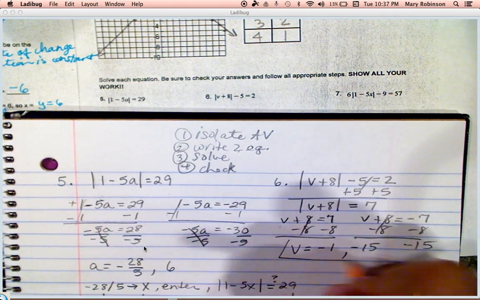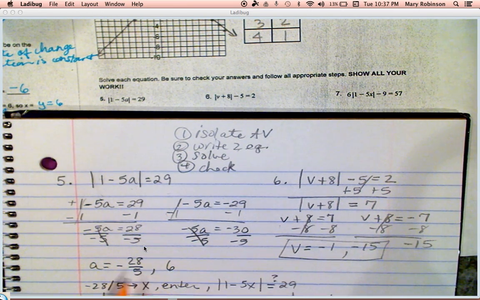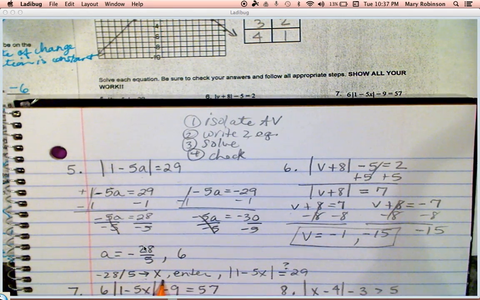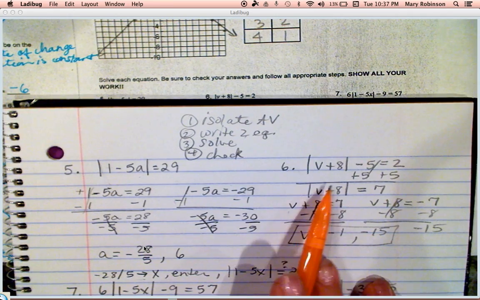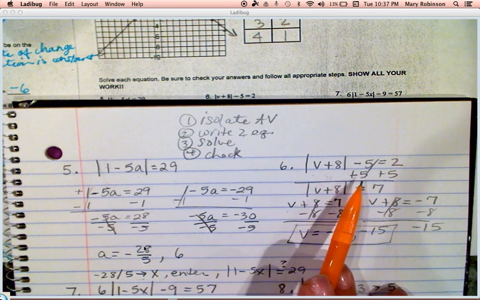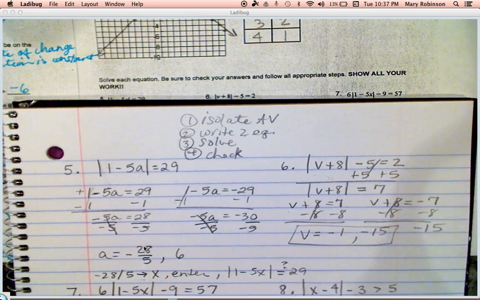So checking both of our answers, they both will check out. You can follow the same process I described here in terms of storing your value for x and typing in this right here, the absolute value of the quantity v plus 8, subtract 5. And if it equals 2, then your answer is correct.